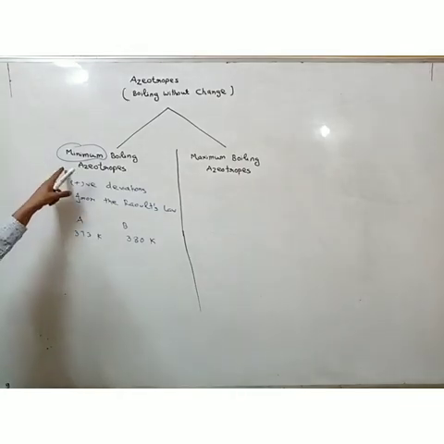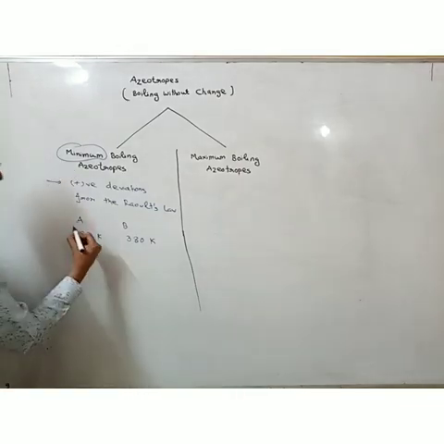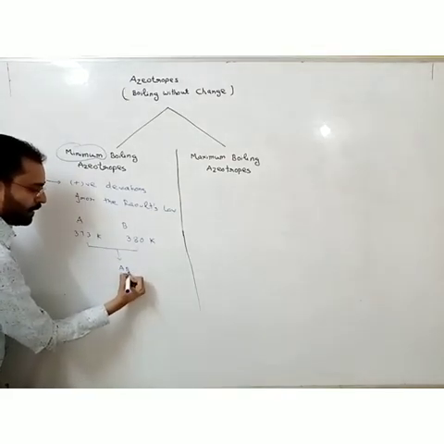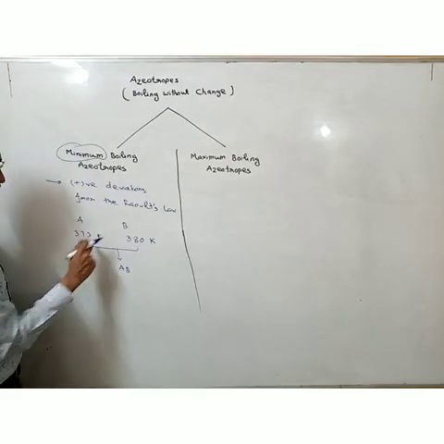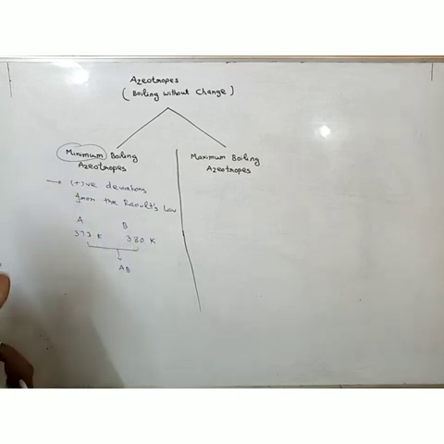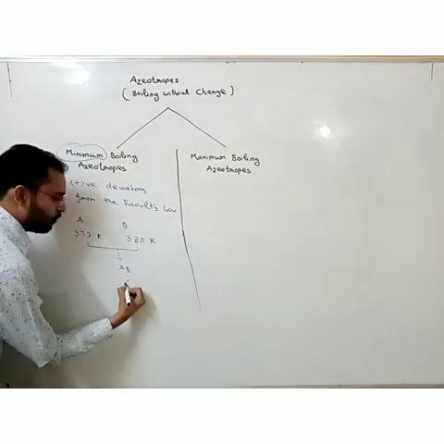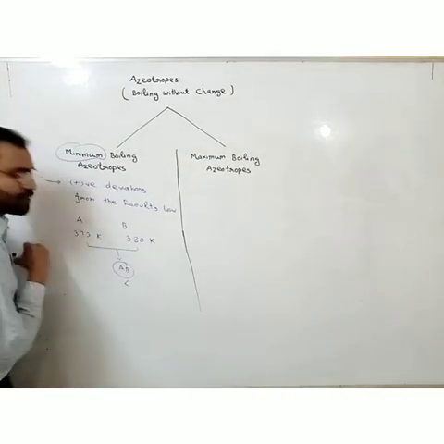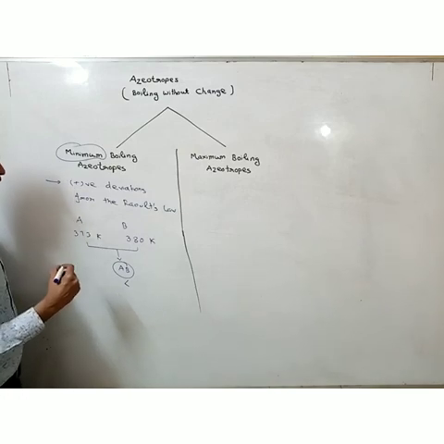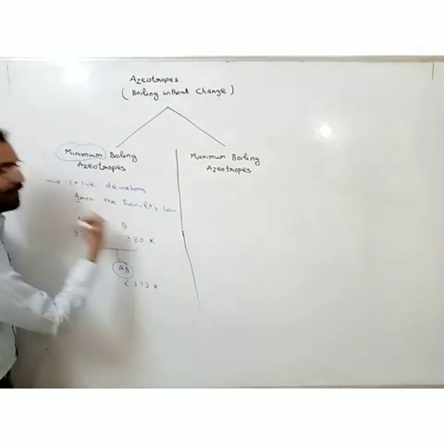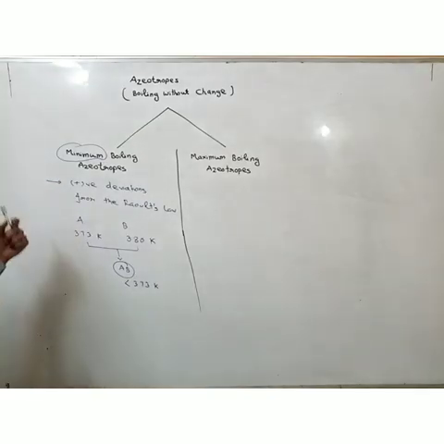Minimum boiling azeotropes are those which boil at a temperature which will be less than 380 Kelvin, less than 370 Kelvin even. So the boiling point of this solution AB will be less than 373 Kelvin. Got it?